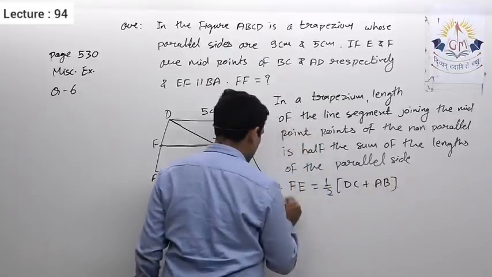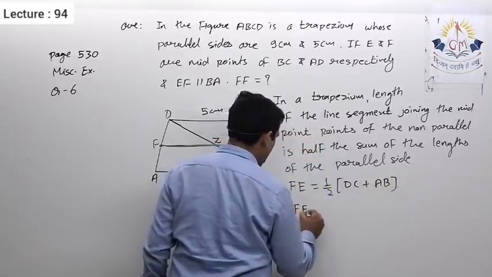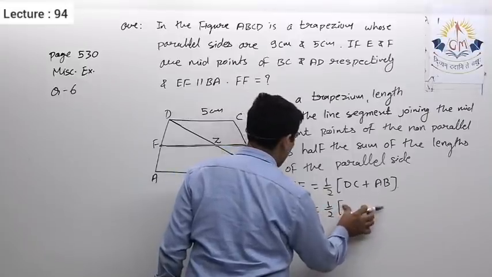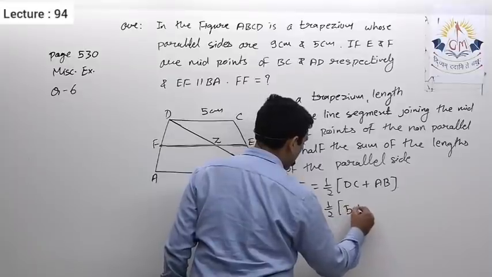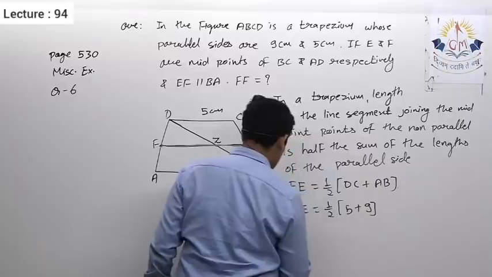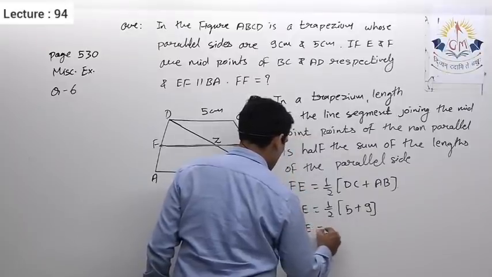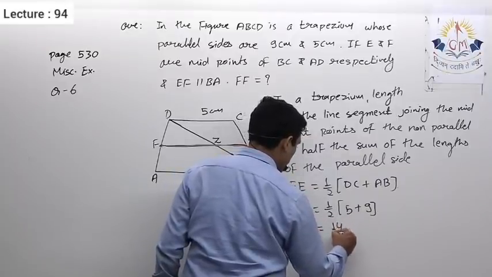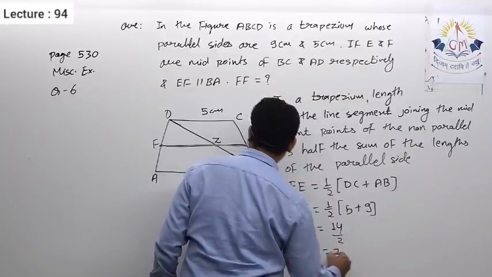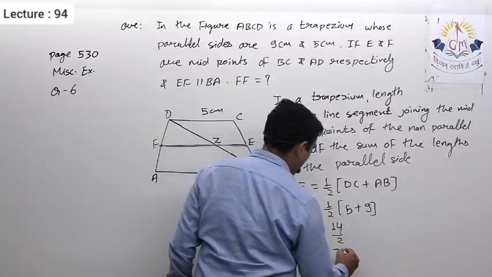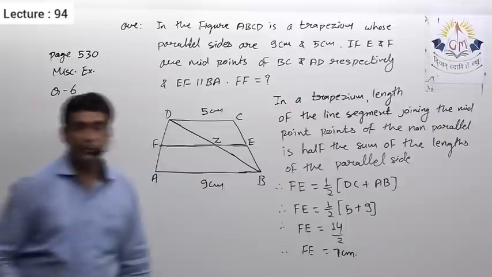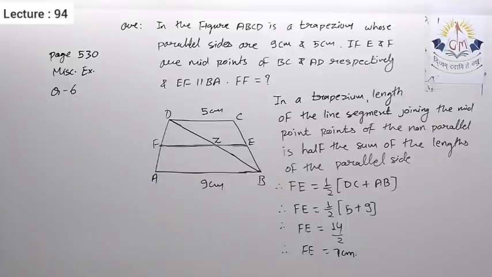Therefore FE is equal to 1 by 2 times (9 plus 5), or 5 plus 9 actually. So FE is equal to 14 by 2, therefore FE is equal to 7 centimeters. Okay, so please note it down, then we'll see the next question.